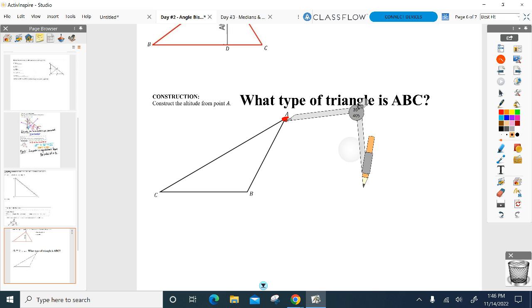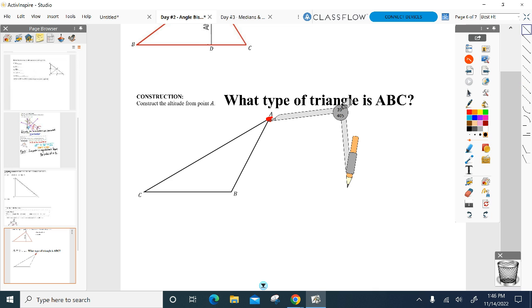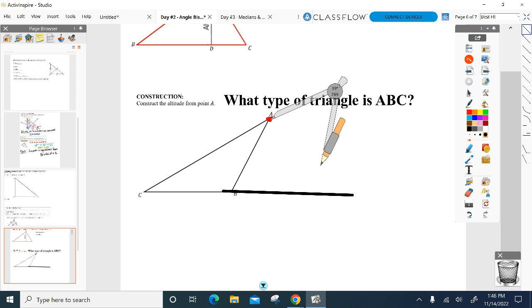Advice for me? Extend side BC. Good advice. I'm going to take my straight edge and extend side BC. Now I'll be able to get it to intersect in two spots.